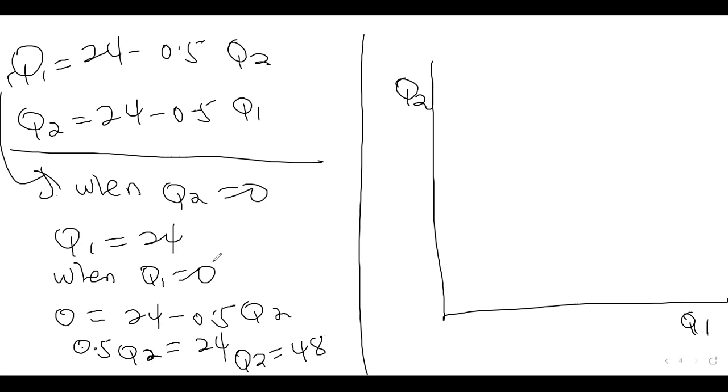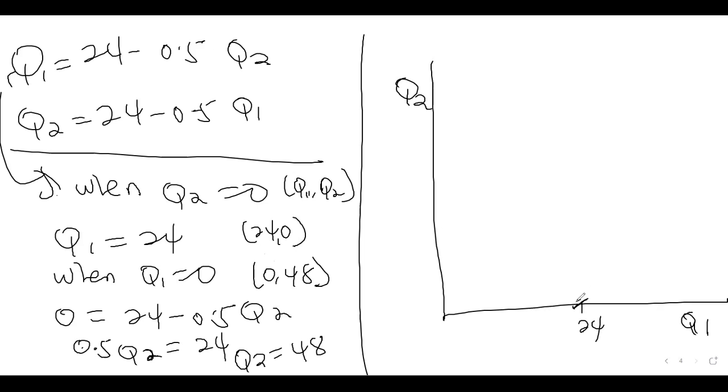So what is happening here is that the coordinate points of Q1, Q2, one of them is 24, 0, and the other one is 0, 48. Okay, so let's say here is 24. So we have 24, 0, as in Q1, Q2.